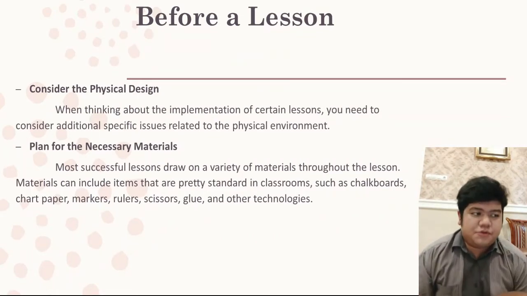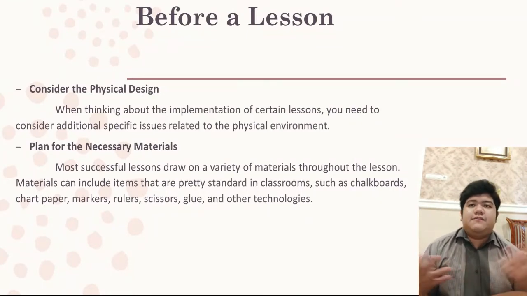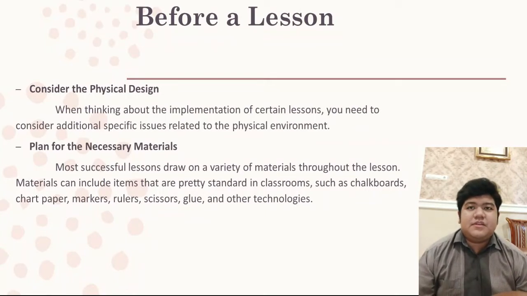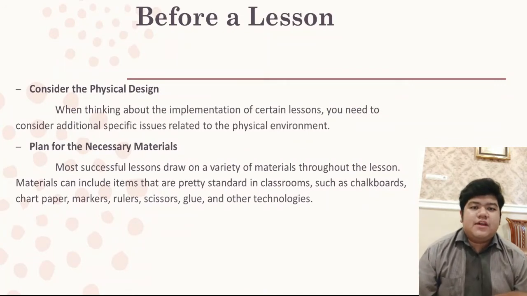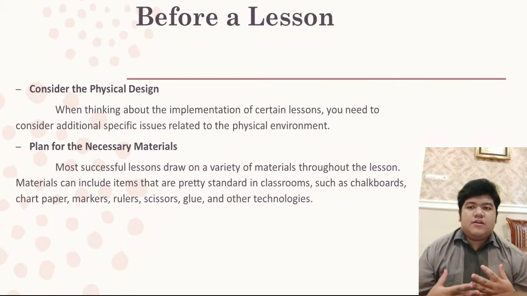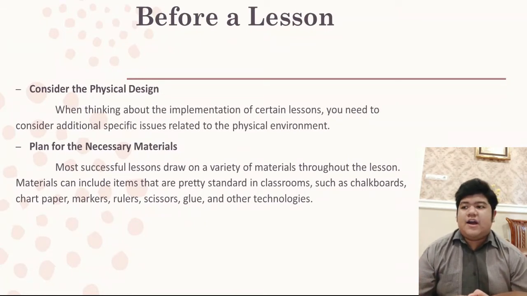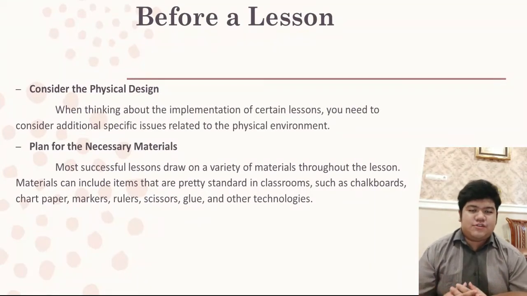So we go to the first point. The first point is consider the physical design. The physical design means what kind of classroom you have, if it is small or big. When you are teaching students, you may have many ideas, such as if you teach about the solar system, you can make a simulation about how the solar system works and what the planets in it are.